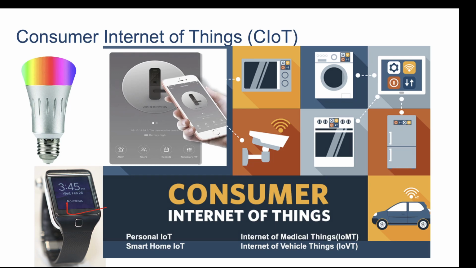Then the next segment could be smart home IoT: light fixtures, family entertainment, kitchen gadgets. There are other areas also, like the Internet of Medical Things (IoMT) and the Internet of Vehicle Things. Poorly secured products have threatened consumer privacy, and some of the devices are exploited by attackers.